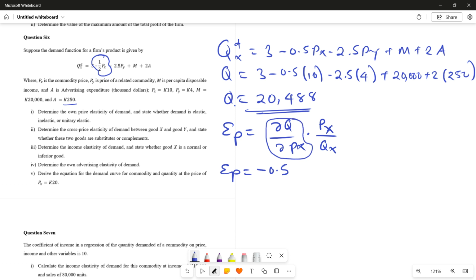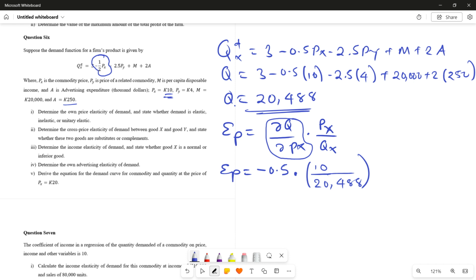Now the formula is, after finding the change in Q due to change in Px, you multiply this times the Px divided by Qx. Now Px is 10, so we put our 10 there, divided by Qx, the 20,488. So you go and use your scientific calculator. You divide that, then you multiply it by 0.5.